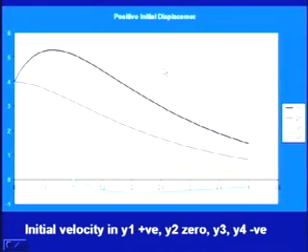I have defined some values and am classifying them into three parts, that is my initial velocity y dash is positive, negative or 0. Let us see the first case, y1. Here y1 has a positive initial velocity, that is y dash 1 is positive, and I have taken some value.